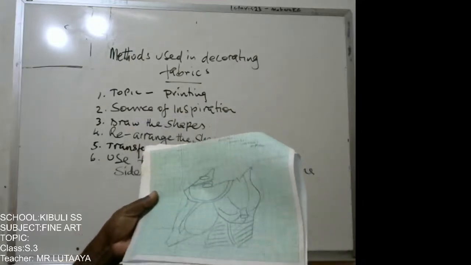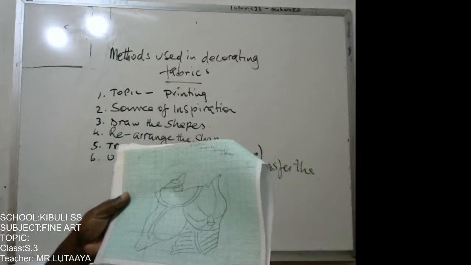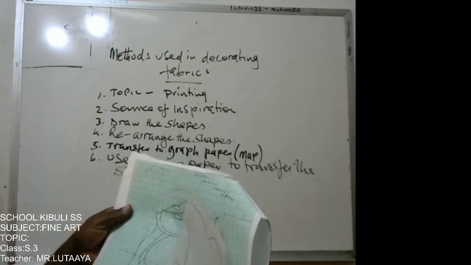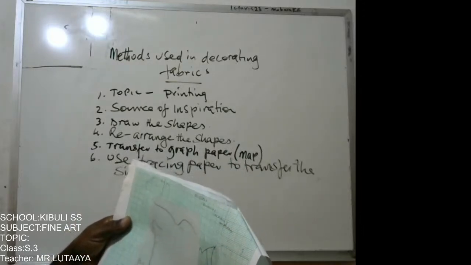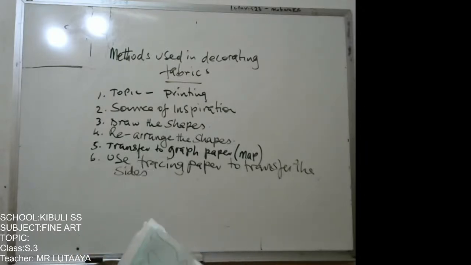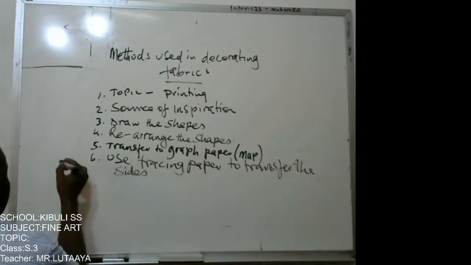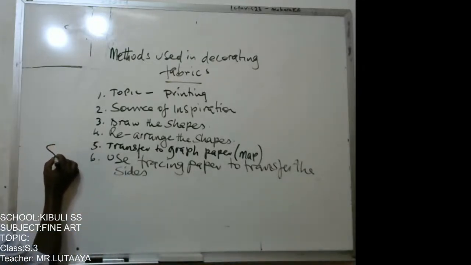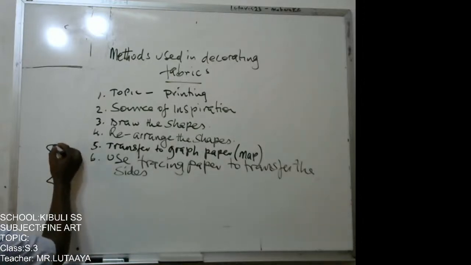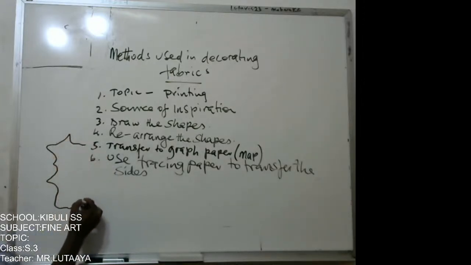Now, how do we use this tracing paper? You use it by putting it on the line. Let me demonstrate it here. Your design has such an outline, and this side is almost like this.